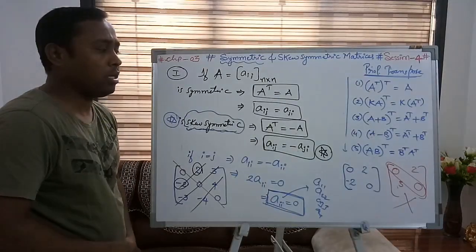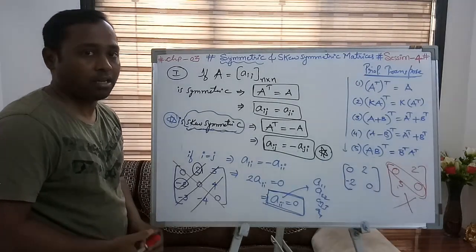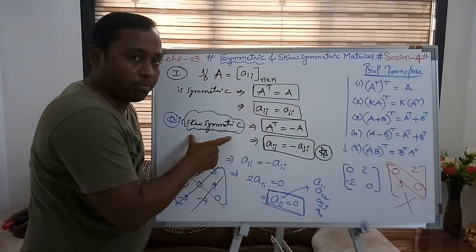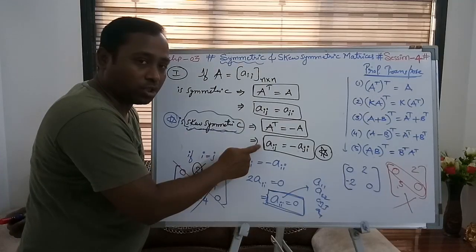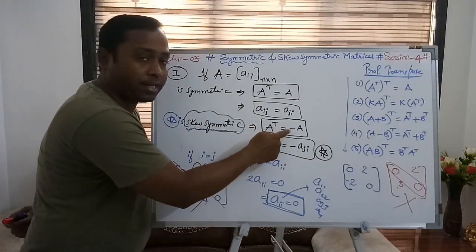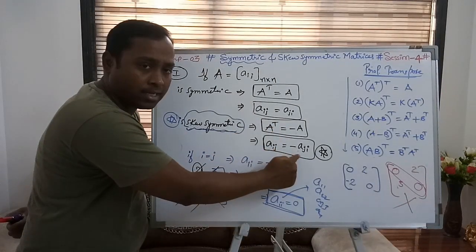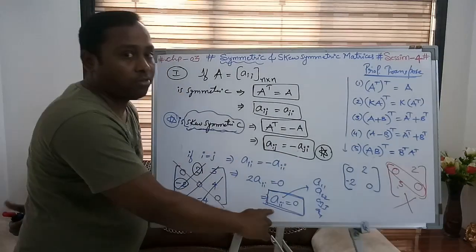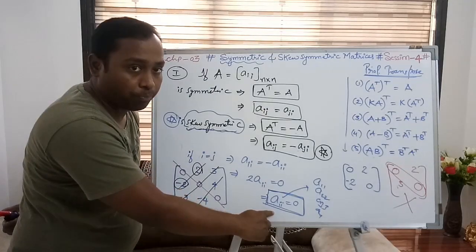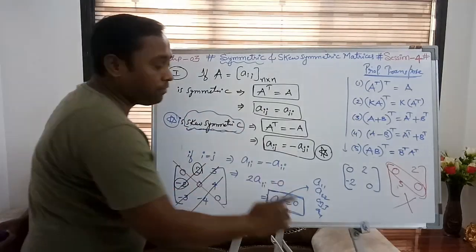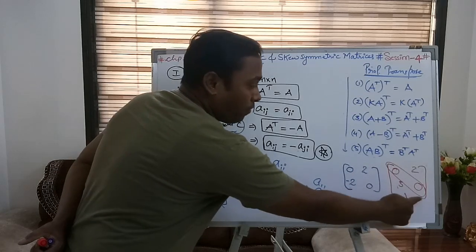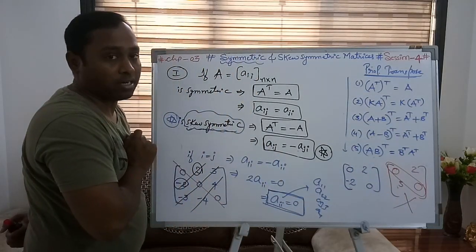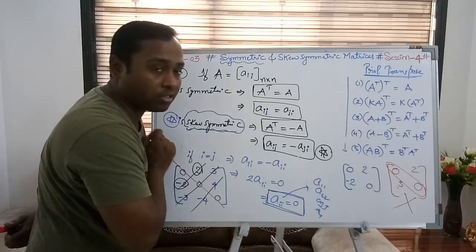So here you have understood 3 important points about the skew symmetric matrix. The first point, skew symmetric means they must satisfy the condition A transpose is equal to minus A, where Aij is equal to minus Aji. Second, all diagonal elements of skew symmetric matrix are always 0. The third point, if the diagonal elements of a square matrix are 0, it need not be a skew symmetric matrix.